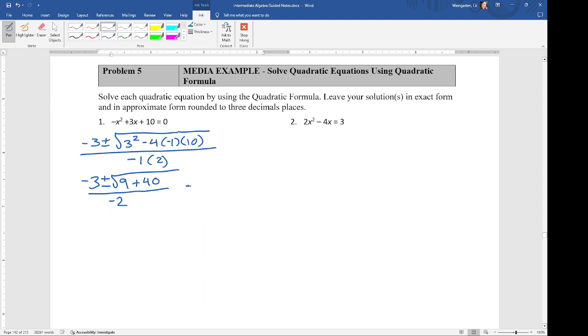So we'll end up with negative 3 plus or minus the square root of 49 over negative 2, or negative 3 plus or minus 7 over negative 2.